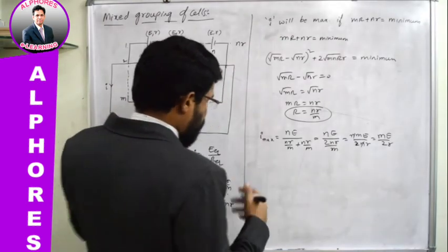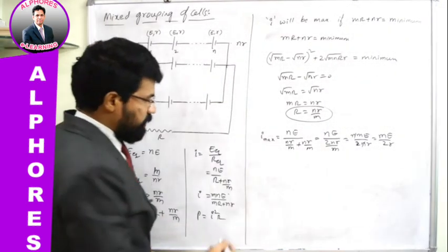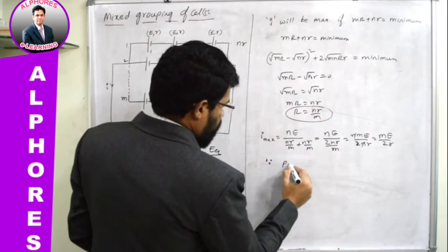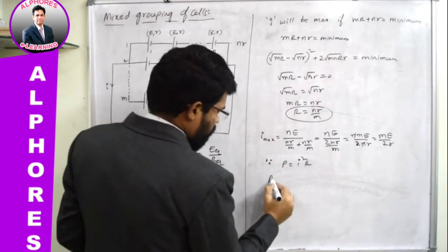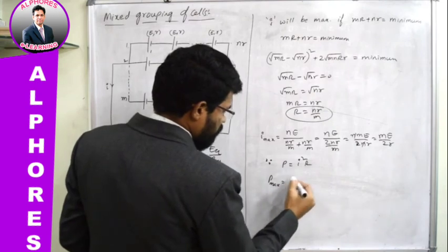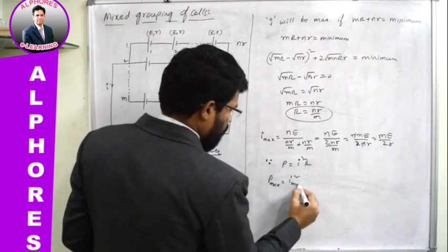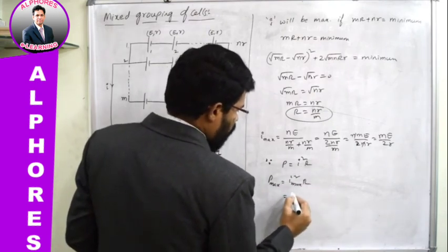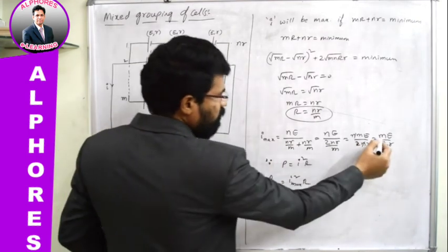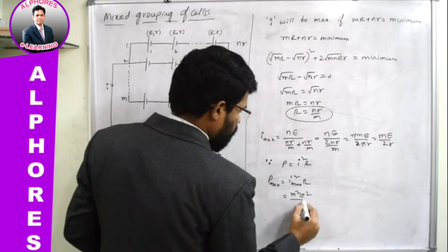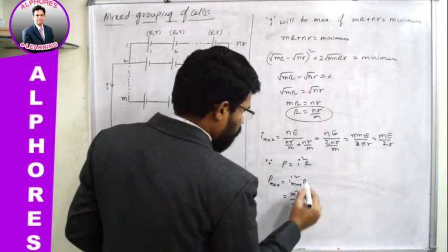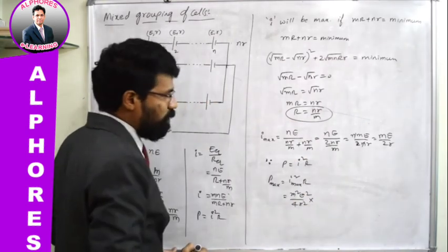Okay. And what about maximum power? Since P is equal to I square R, if I want to find maximum power, it is possible at maximum current, right? I maximum square into R. What is I maximum square? I maximum is ME by 2R. So if you take the square, M square E square by 4R square, into what is R corresponding to maximum power?